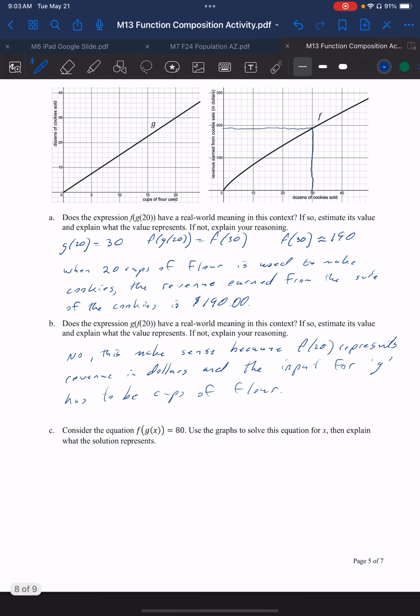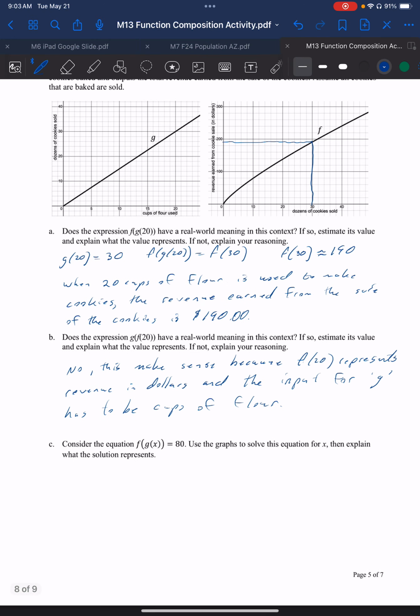Okay, so now let's look at this last question. It says, consider the equation f at g at x equals 80. So I'm looking here, when is the output of the f function equal to 80? I come over here, the output to the f function equals 80. That's right about here.